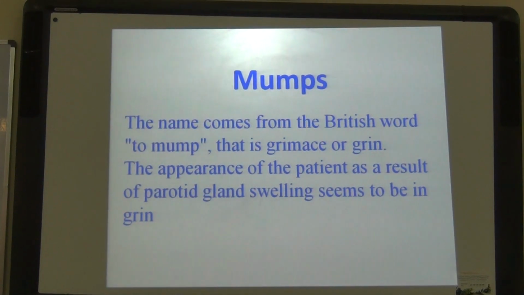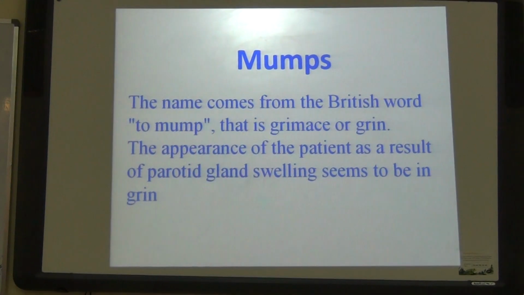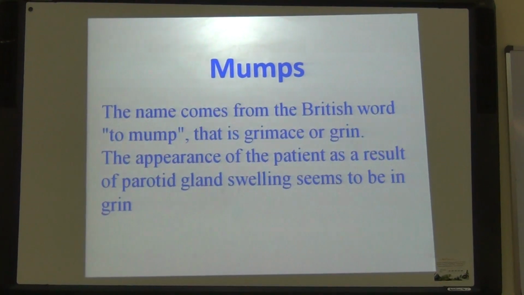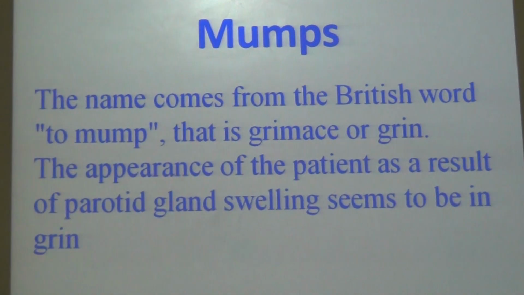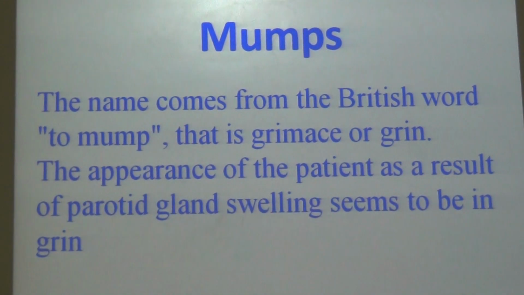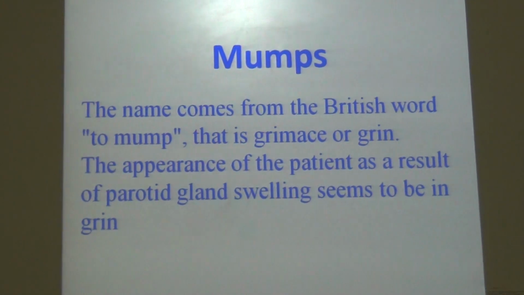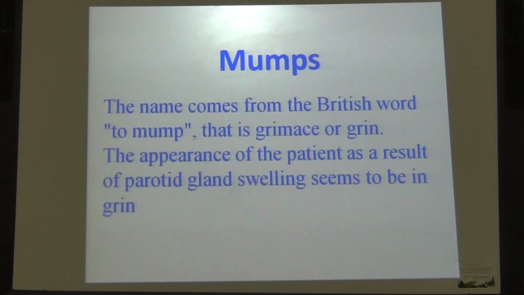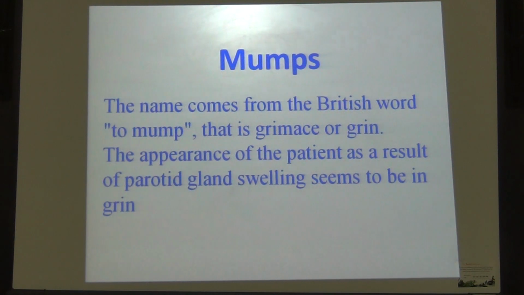The second is mumps. The name mumps comes from the British word to mump, that is, grimace or grin. Mumps means grimace or grin, and this is due to the appearance of the patient as a result of parotid gland swelling.